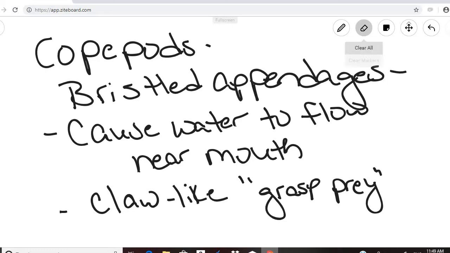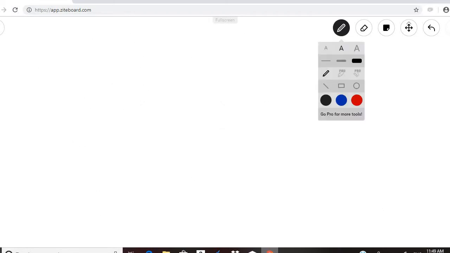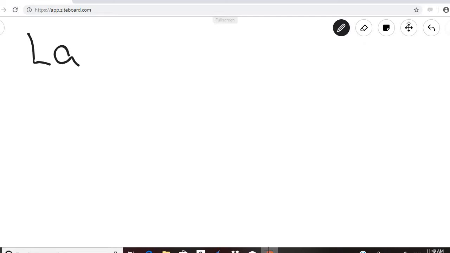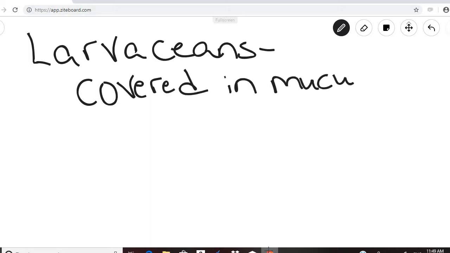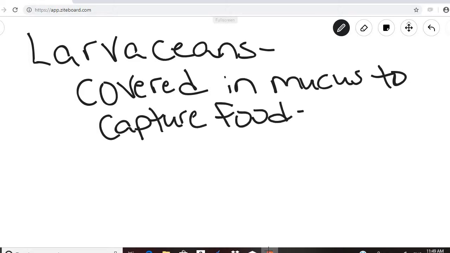Another organism that we would find are called the larvaceans. The interesting thing about these organisms is that they are covered in mucus, and they use that to capture their food. I'll show you a picture again in just a moment.